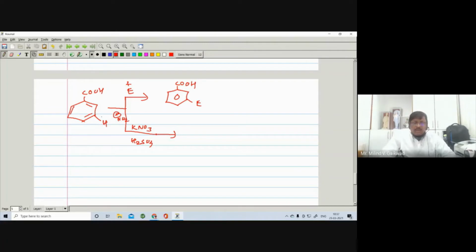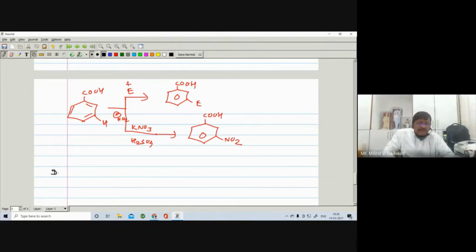So the hydrogen atom at the meta carbon is replaced by NO2, and it undergoes nitration at the meta position, and here you get COOH and meta-nitrobenzoic acid. So these are some of the examples of reactions given by carboxylic acid. Acids also have corresponding derivatives.